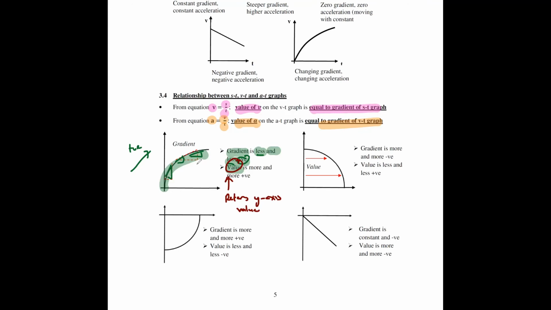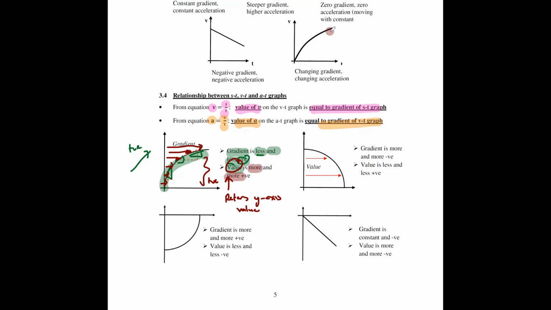Now, all the values that you have here on your y-axis are positive, but as you go along the graph, how can I describe the values? The values are actually becoming more and more positive.